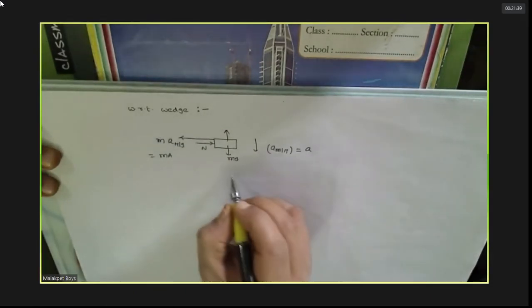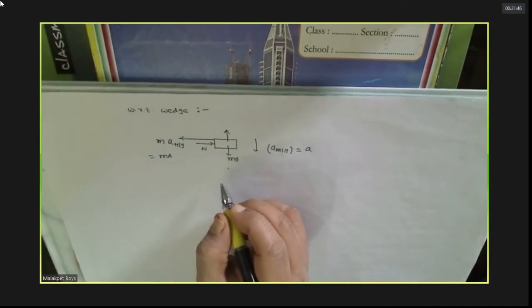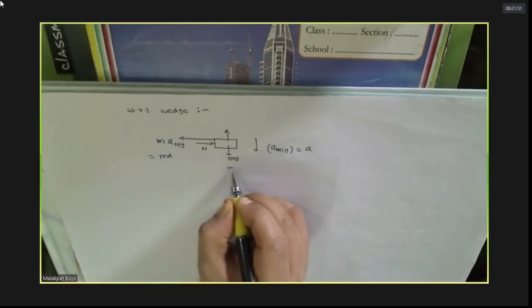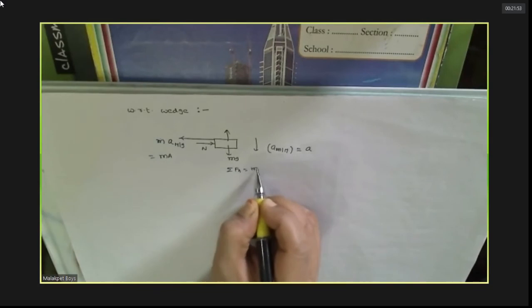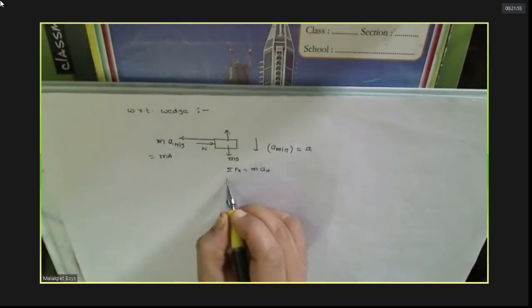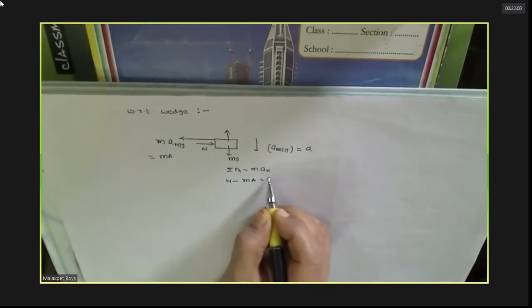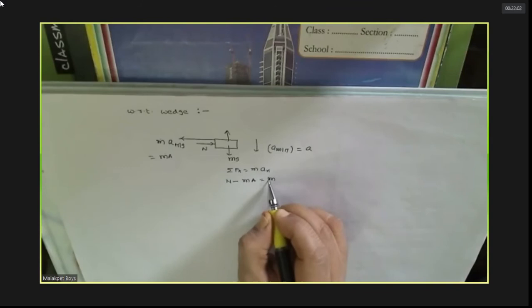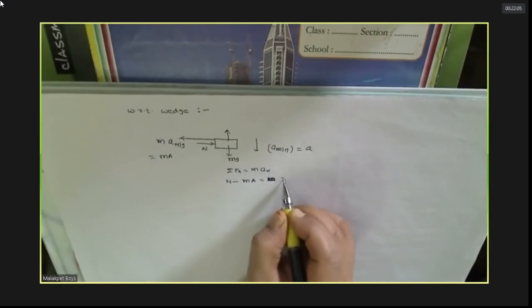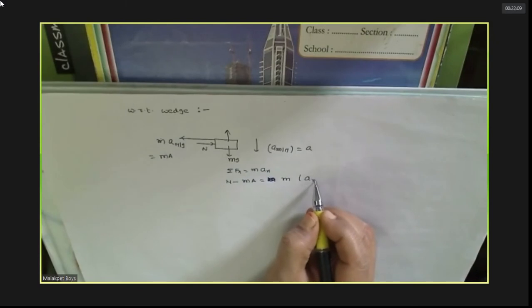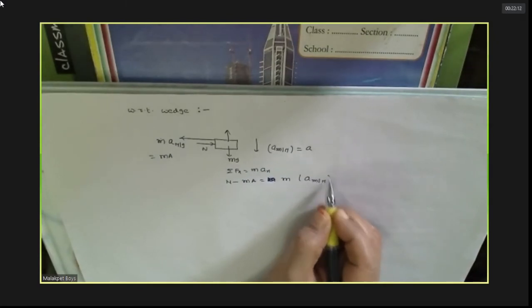Clear? So along the x-axis, if you take, do you agree with this? Any doubt? No doubt, sir. So here you can see sigma Fx equals m ax. So you have N minus ma equals mass of this, small m, times acceleration of m with respect to M in the x direction.